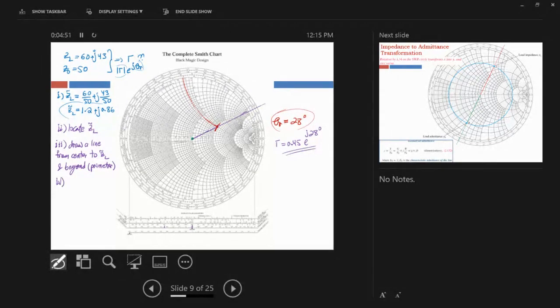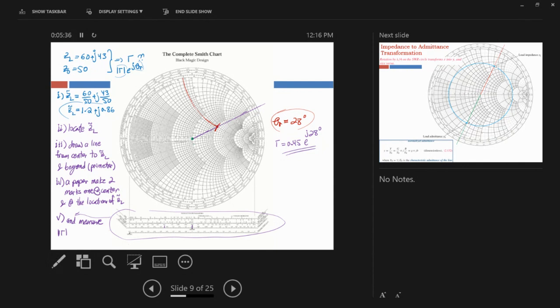Then you use a piece of paper, make 2 marks, one at the center and another one at the location of Z sub L. Then you go to the bottom side, tape measure, and measure the magnitude of gamma.